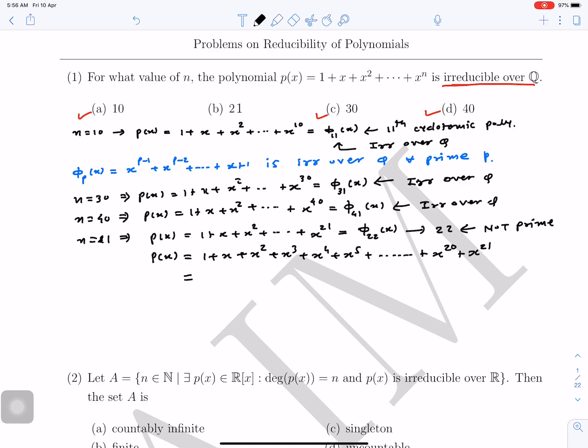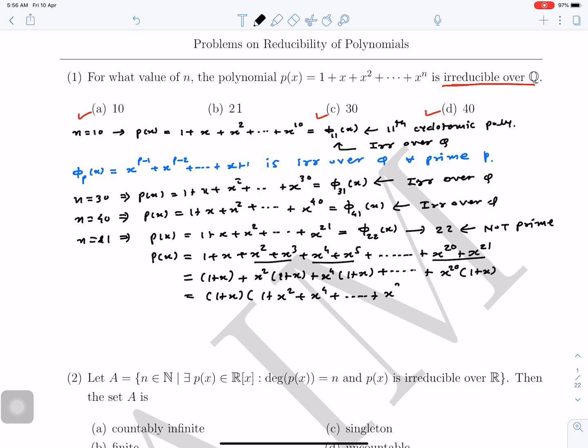If I pair the terms like 1 + x, then from the next two terms x² is common, then 1 + x, similarly here x⁴ is common, then 1 + x, and so on, and in the last two terms x^20 is common, then it is 1 + x. So I can write it as (1 + x)(1 + x² + x⁴ + and so on + x^20).